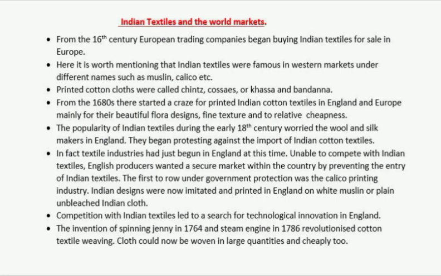Here, it is worth mentioning that Indian textiles were famous in Western markets under different names such as muslin and calico. Printed cotton clothes were called chintz, cossaes or khasa, and bandanna.